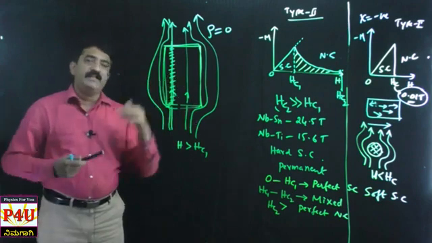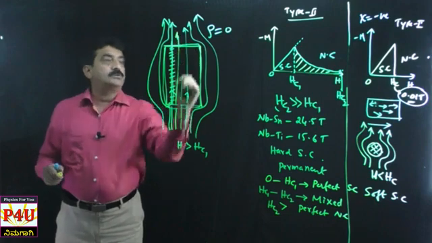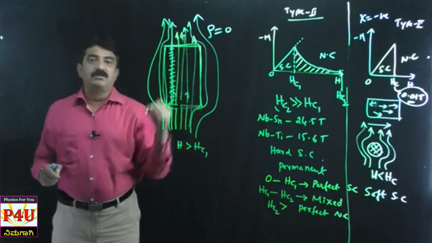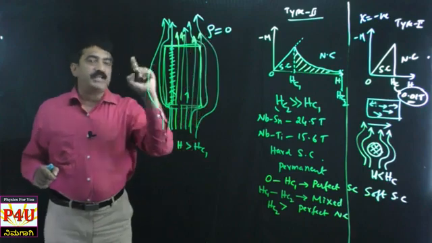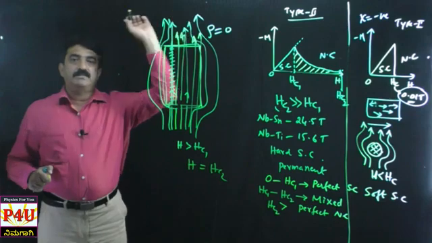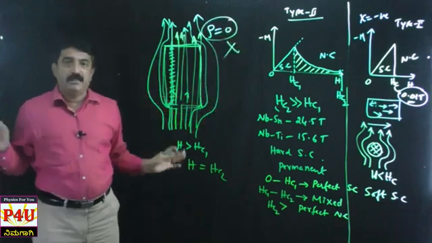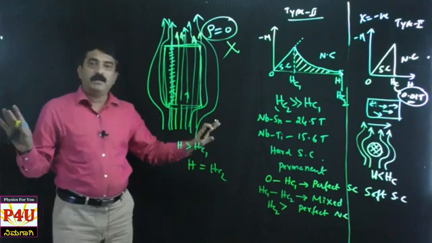You keep on increasing the field, then some lines here also will start to enter, here also, here also, and finally a stage will come when H is equal to Hc2, all the lines will enter. Now the zero resistivity also vanishes. Now it converts into a normal conductor.